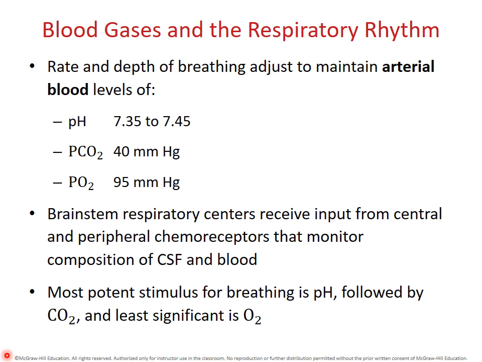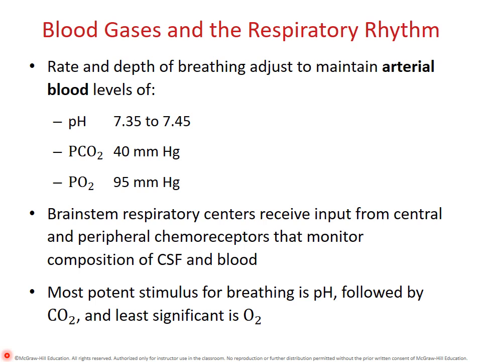With objective 184, we move on to essentially the final topic of this chapter, which is adjustments to the rate of ventilation based on blood chemistry. And what we see in objective 184 is that the rate and depth of breathing are adjusted to maintain typical levels of pH, carbon dioxide, and oxygen.